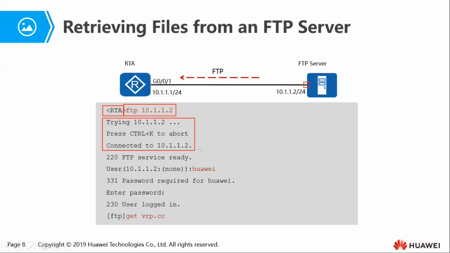After exchanging the TCP segments, they form the connection. So now they are connected. After that, one advantage of FTP compared to TFTP is that you can actually configure authentication.